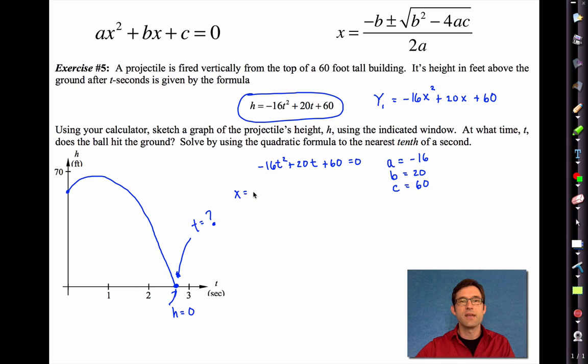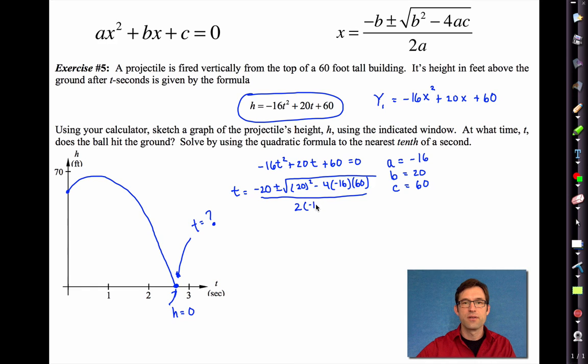We get x equals, oh, not x. That was silly. There's no x in this problem. But there is a t. t equals negative b plus or minus the square root of b squared minus 4 times a times c, all divided by 2 times a.